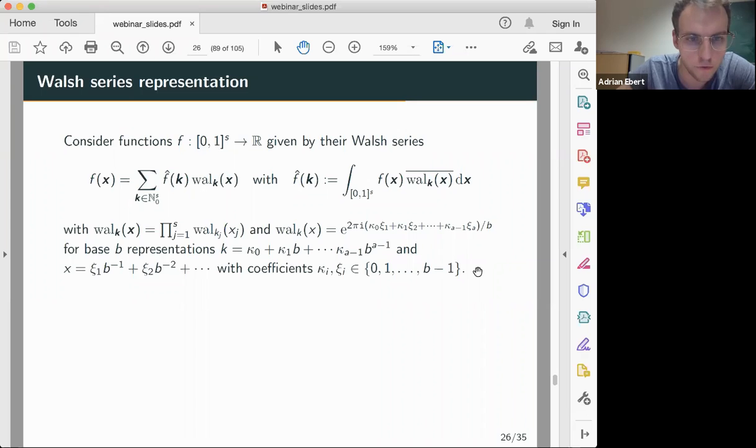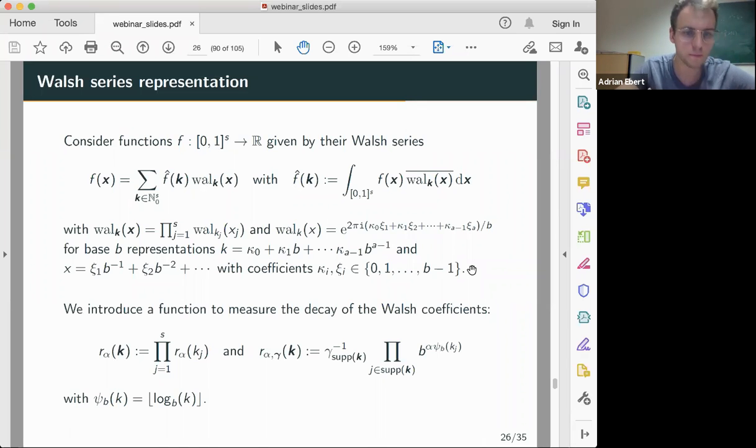I'll try to give a short illustration of such functions later. And like before, we will again introduce a decay function for our Walsh coefficients. This is also very similar, except that we now have b to the alpha of floor of log b of k, but this is asymptotically still behaving like k to the alpha.